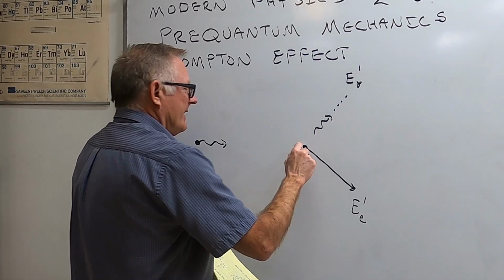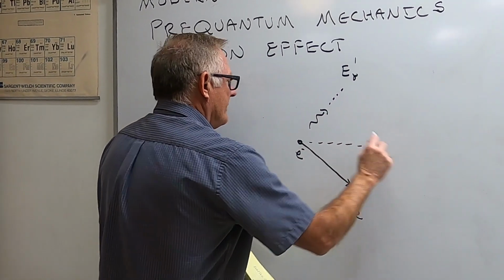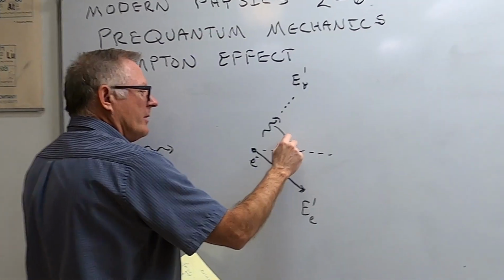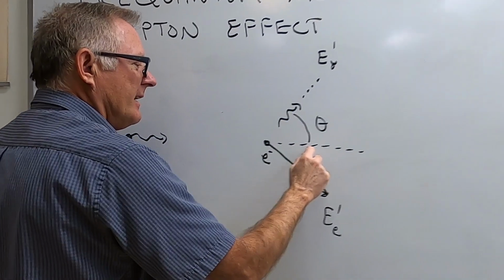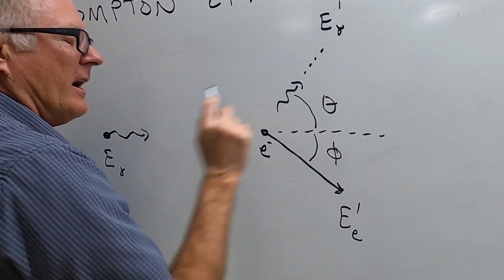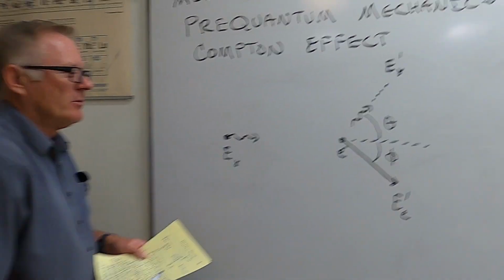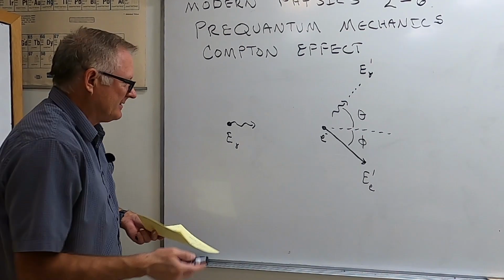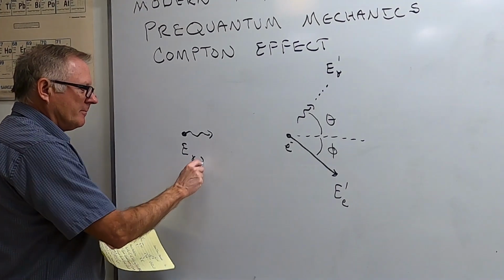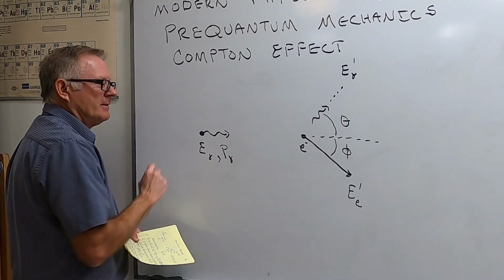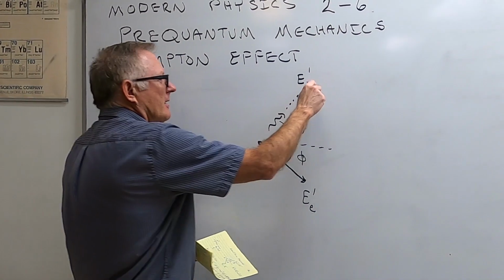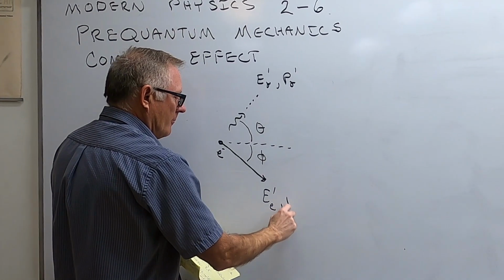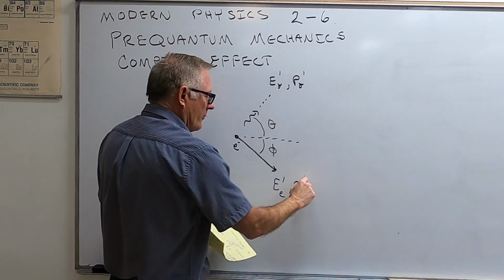Okay, and we'll say that the angle that the photon scattered was theta, and we'll say that this one is phi. This looks like a problem from momentum in classical mechanics, so we should probably look at momentum. This is the momentum of the gamma, this is the momentum of the gamma prime, and this is the momentum of the electron prime.